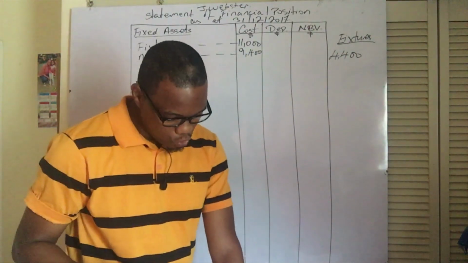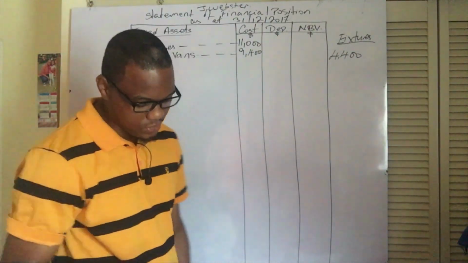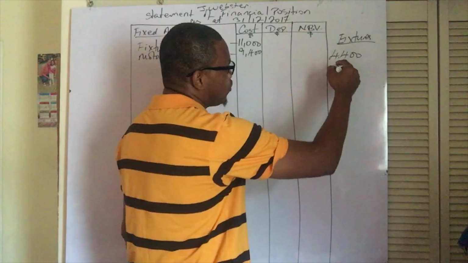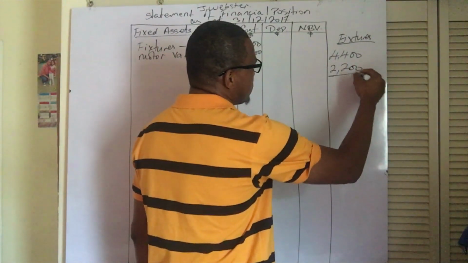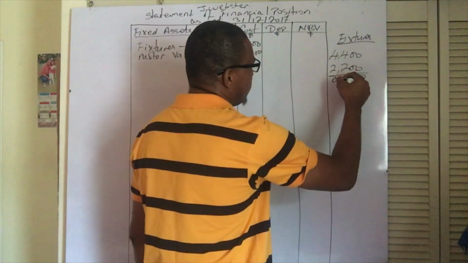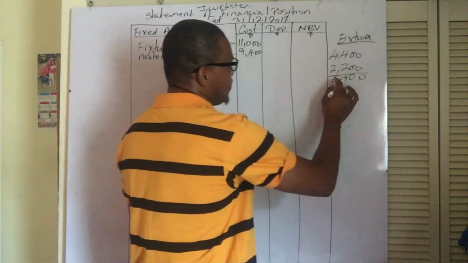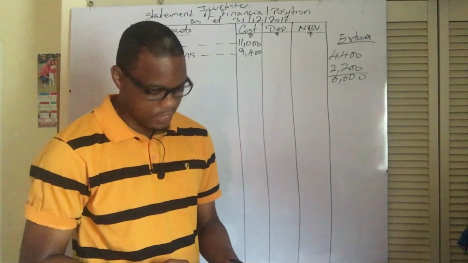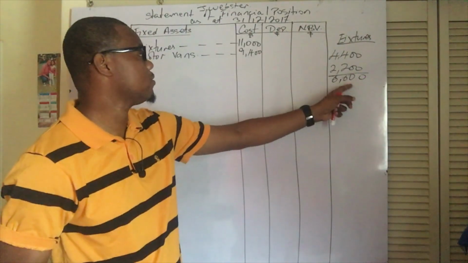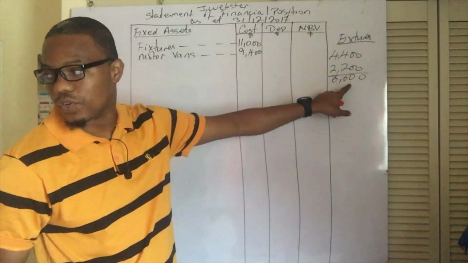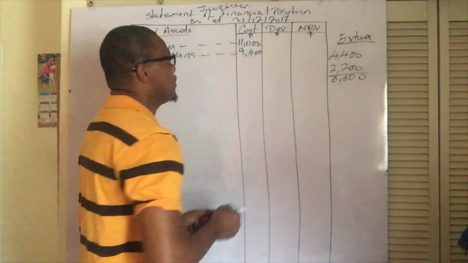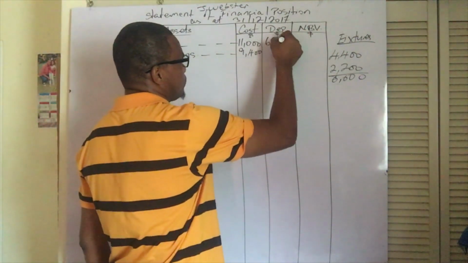Then in the footnote, it says that depreciation is to be provided 2,200. So when you add this, the total value for depreciation for fixtures that you're going to record in the balance sheet is 6,600.